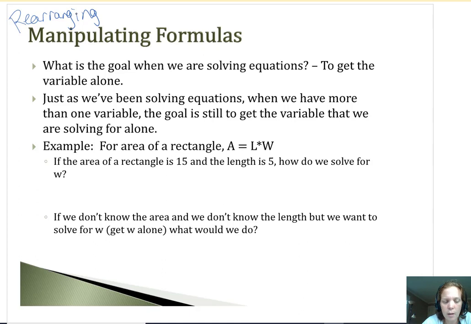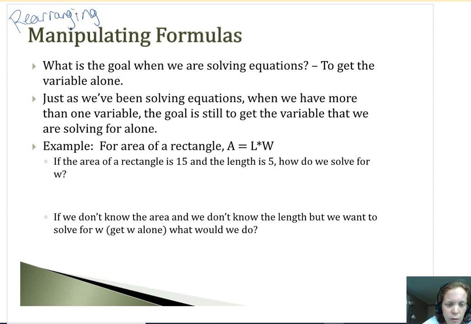So like in this example, the area of a rectangle is 15, the length is 5. How do we solve for W? So maybe I often know what the area of this block of material is, and I typically know the length or the width maybe, and I need to cut a certain length, and I'm always doing that. Thinking of the formula differently could make it easier for me.